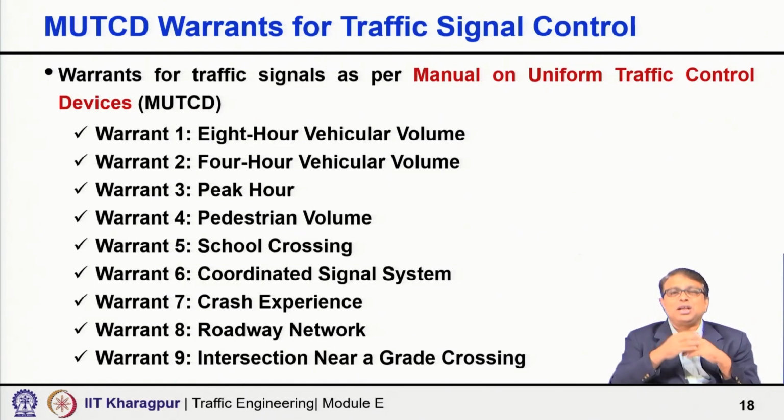There may also be a requirement based on crash experience, on roadway network requirements, and on an intersection near a grade crossing. There are 9 warrants which I shall discuss in more detail in the next lecture.